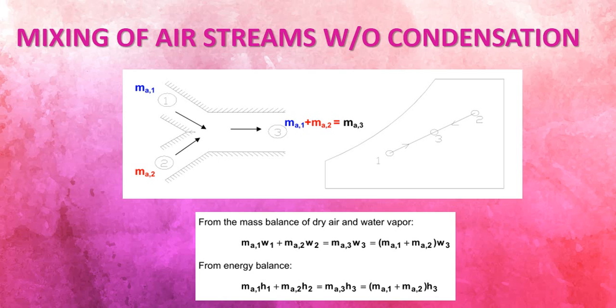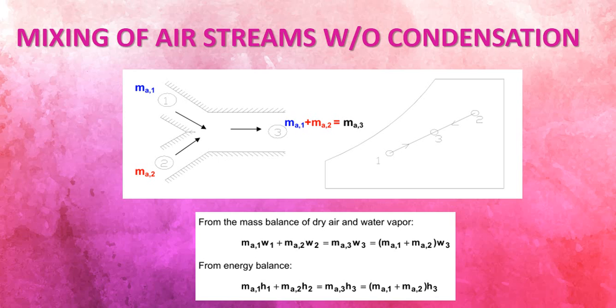Now, in mixing of air streams, there are two scenarios: mixing of air streams without condensation and mixing of air streams with condensation. So you have these two air streams here, and this is the resulting mixture of the two air streams. So if you do material balance, then the amount of moisture of the two streams that is initially mixed will result in the total amount of moisture present in the mixture of the two.